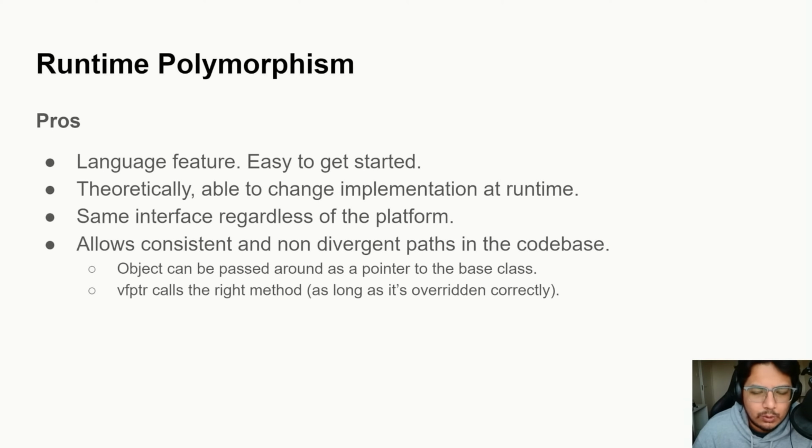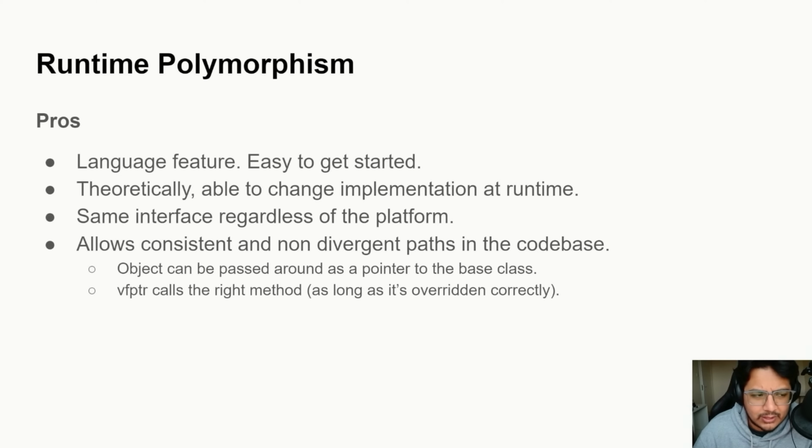And because we've already defined the structure of the interface inside of the base class, what this allows us is, we're always exposing the same set of interface regardless of the platform that we're on to the clients, right? So there is consistency between all the other platforms if we use runtime polymorphism to create our abstraction layer.